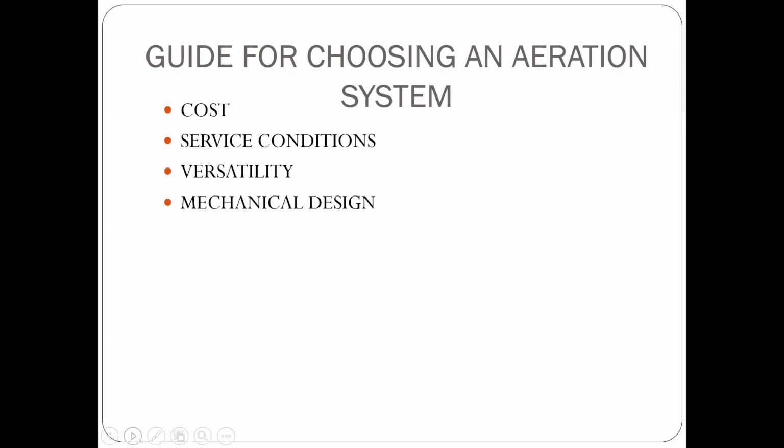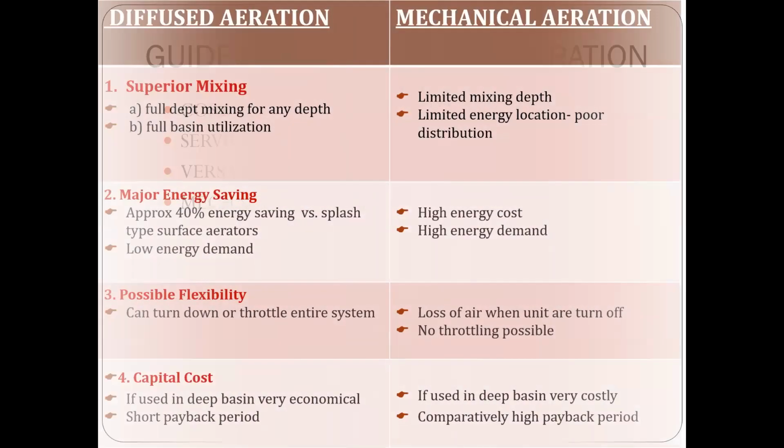So we have to check the availability, and we have to think about the depth of those trays and the sizes of different trays. If you are focusing on a cascade aerator, it should have a proper diameter of aeration fountain. So these are the things we have to focus on. Okay.